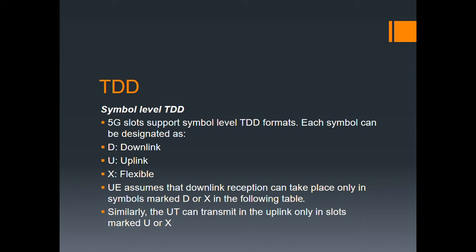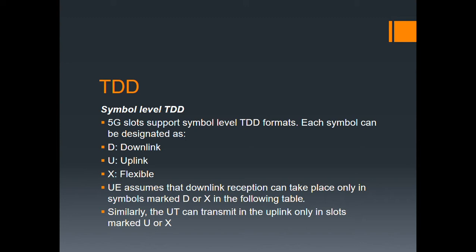Therefore, you need to have a philosophy of how to burst the buffer space on both sides of the transmitters. One is UE, the other one is the gNodeB, and uplink is UE to the gNodeB, and downlink is gNodeB to UE. And wherever we say X mark, that means it is left flexibly for either one to use.